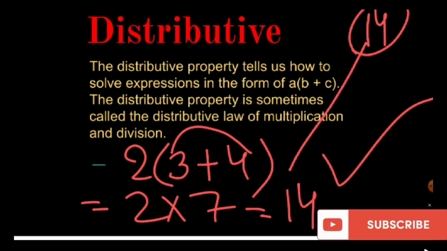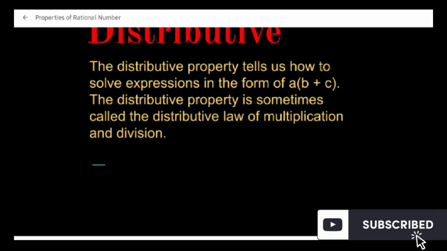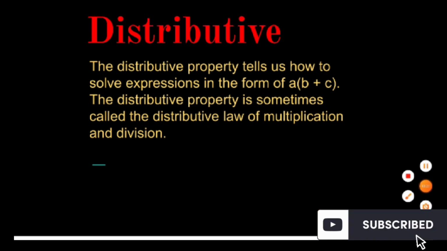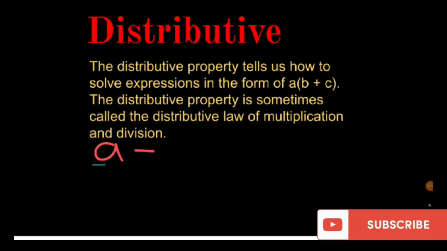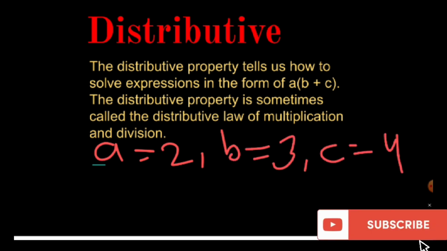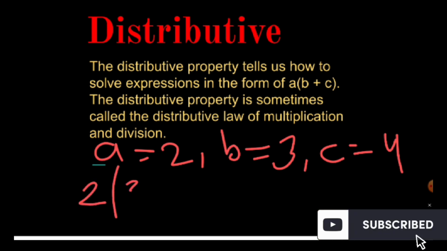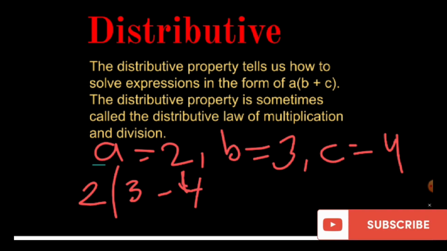Now let's see multiplication over subtraction. For this, let's take a as 2, the same value, and c as 4. So a is 2, and b is 3 minus 4, because we are solving for multiplication over subtraction.